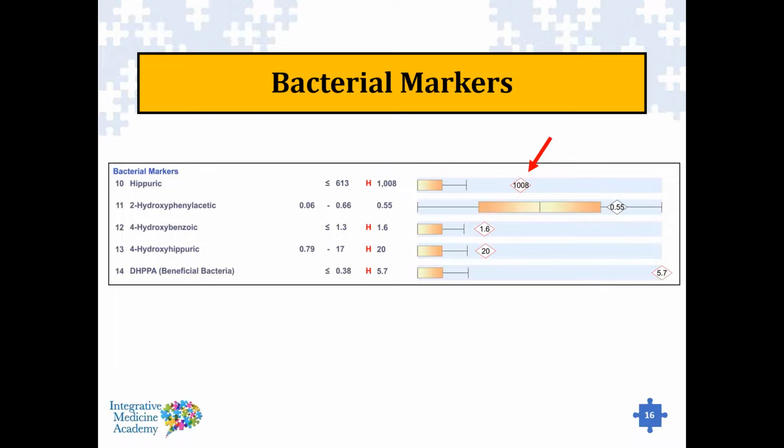Usually by itself, it may not necessarily mean a problem. In context of other markers, it might be elevated because of some type of imbalance. That would certainly make sense the more markers there are on this section of the test, in association with DHPPA or even in association with 4-hydroxybenzoic or 4-hydroxyhippuric.